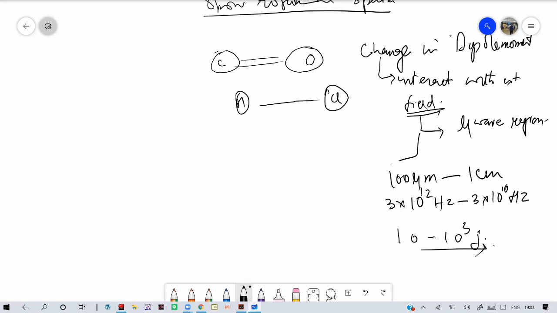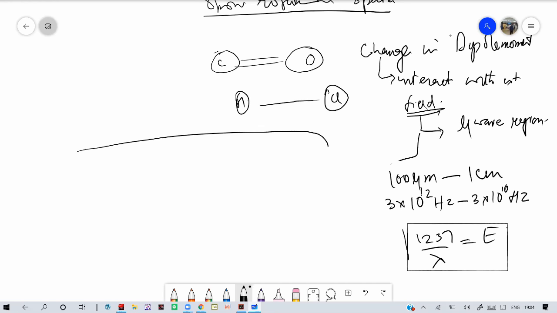You can convert this anyway. The value is E equals 1237 divided by lambda. You can convert wavelength into energy and energy back into wavelength. This is the expression, simple.